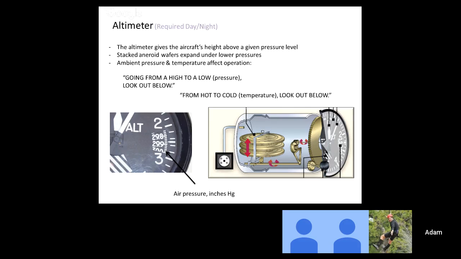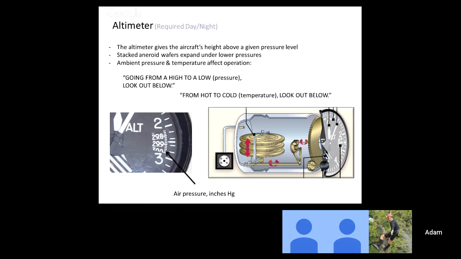For now, just know that it does affect it, and people have come up with a couple of these monikers. Going from high to low, meaning pressure, look out below. Meaning if you're flying from an area of high to low pressure, and you don't take that into account by setting your altimeter, you could run into the ground.